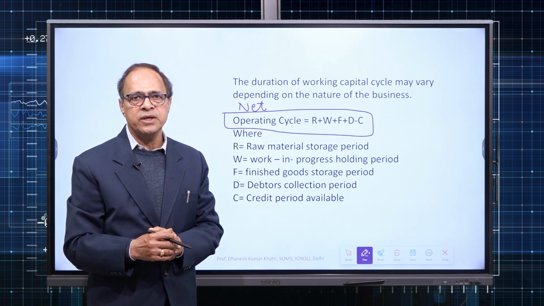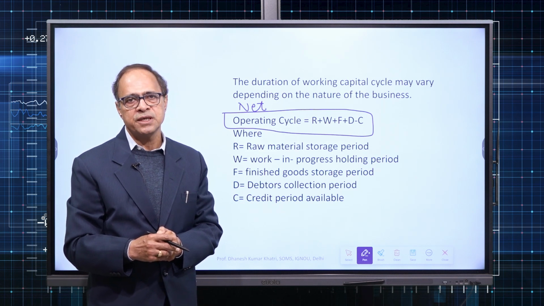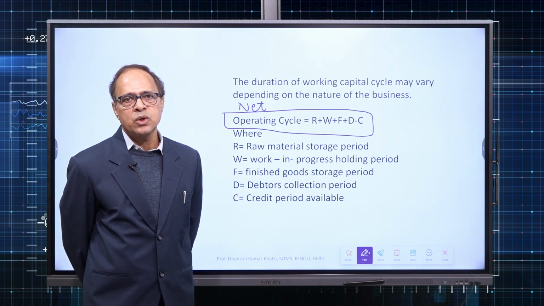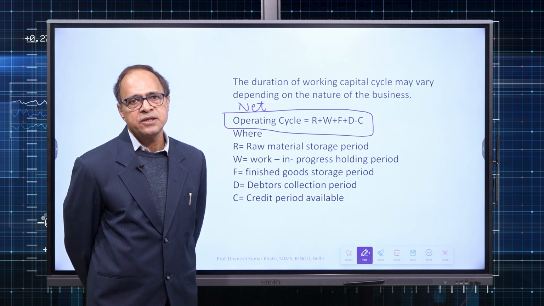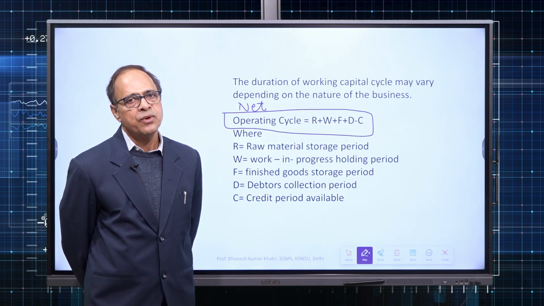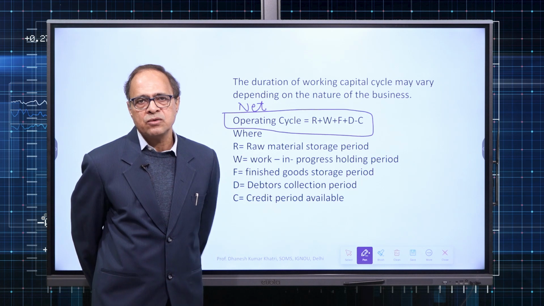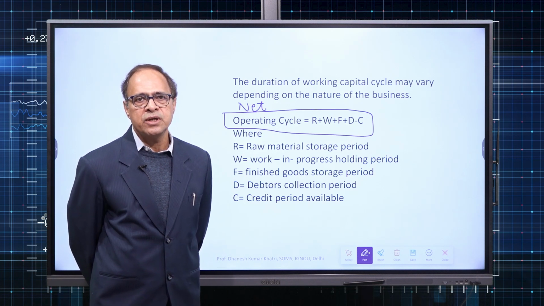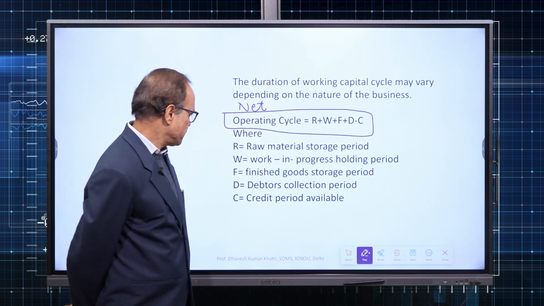Debt collection period 24 days in our example. That means on an average I collect money from credit customers after 24 days from sales, and this also implies that equal to 24 days of total cost of the credit sales is blocked into debtors. So, if your daily cost of credit sales is 1000 rupees and debt collection period is 24, so on an average your investment in debtors will be 24,000.